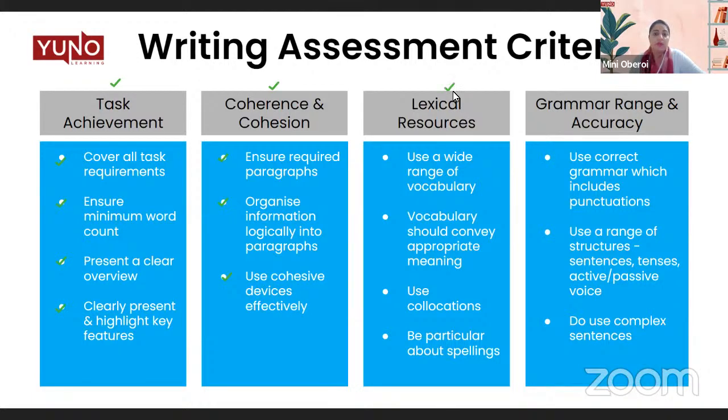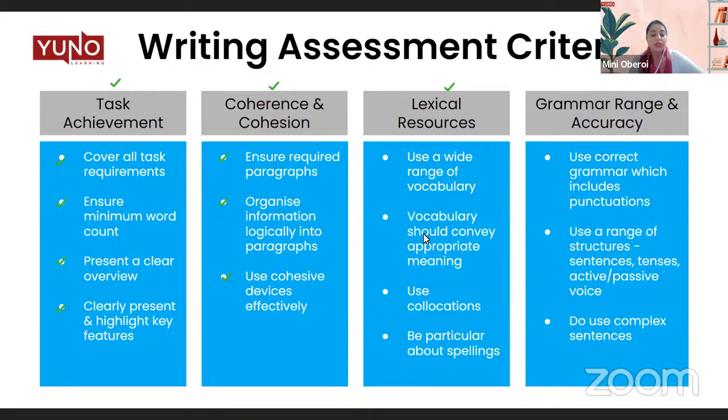After this, we come to the lexical resource. Lexical resource stands for a wide range of vocabulary. Now, instead of using simple vocabulary words like, let's say, very tall buildings, we can say skyscrapers, extremely tall, right? We can use such vocabulary words.